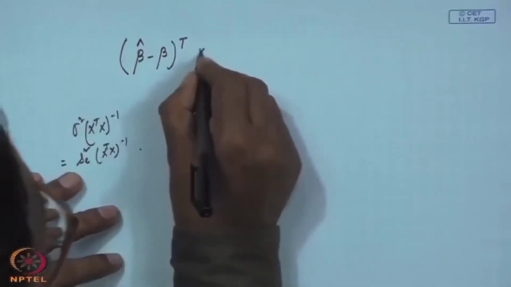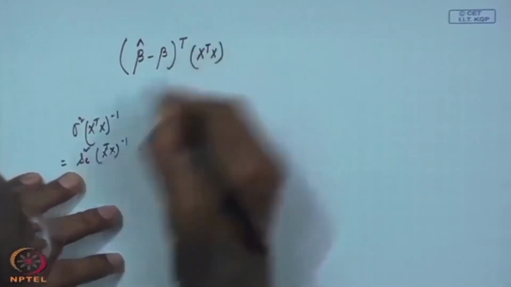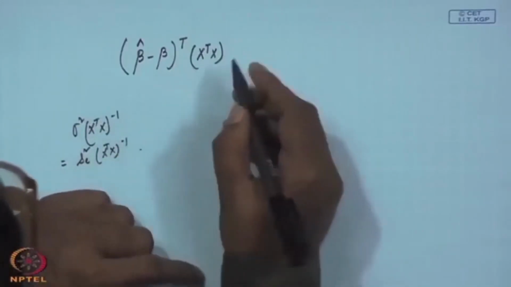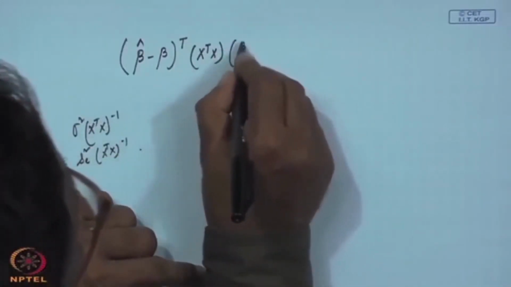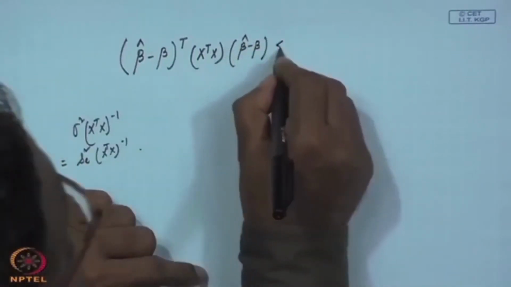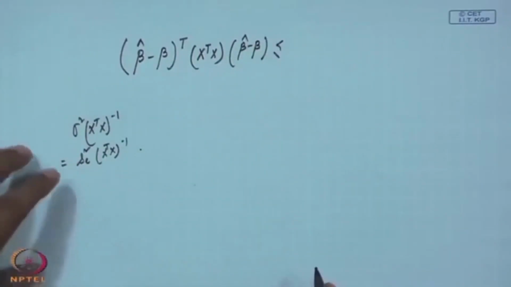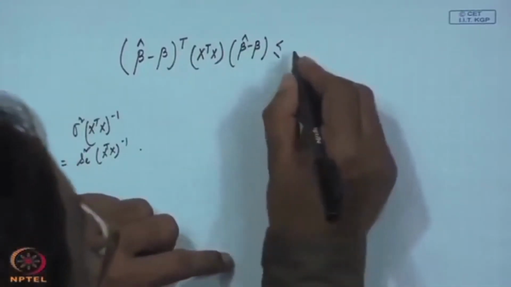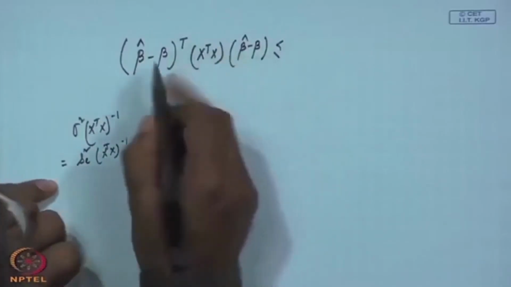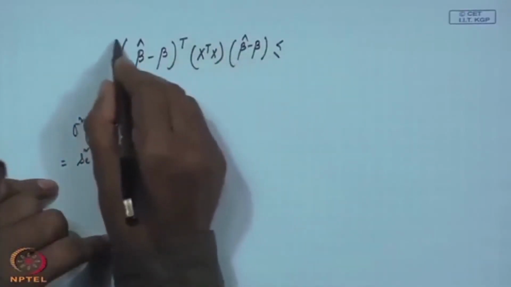So, if I write like this x transpose x, I am not writing S square here, later on we will write S square, then beta cap minus beta. What distribution it will follow, that is important, that also follows here, that this S square will come. Again I am telling you it is not a derivation.